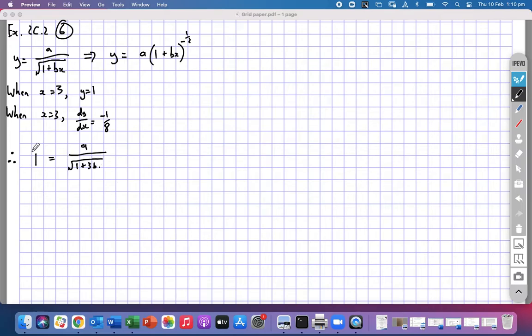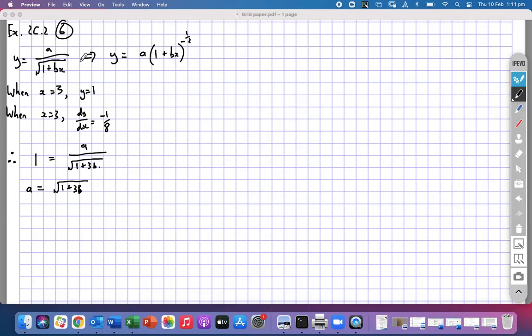I like to see if there's any tidying up I can do. Not too much, but we could write that then a equals the square root of 1 plus 3b. Looks a bit neater. Right, so we've multiplied both sides of the equation by this square root. Okay, so that's about all you can do there.